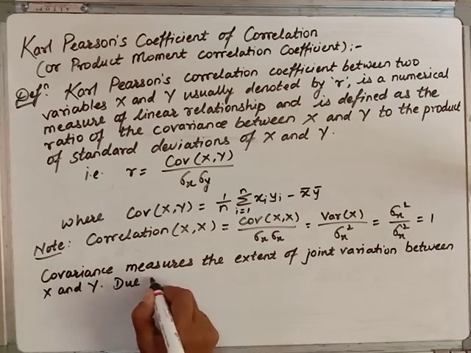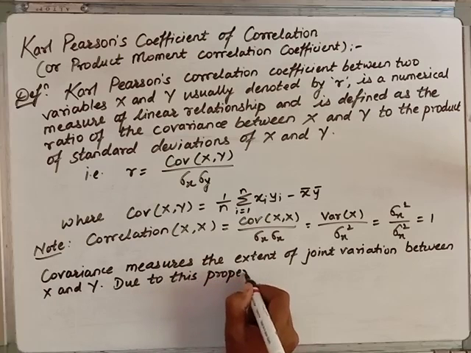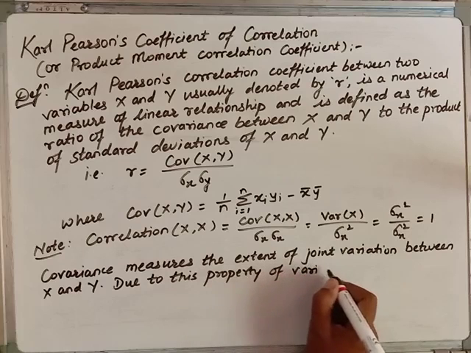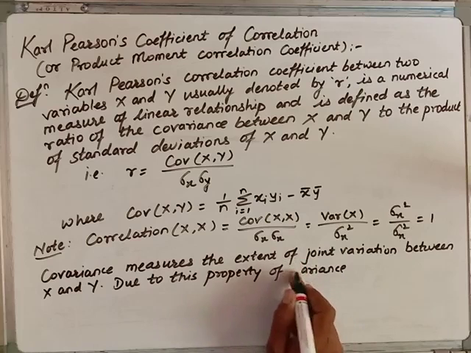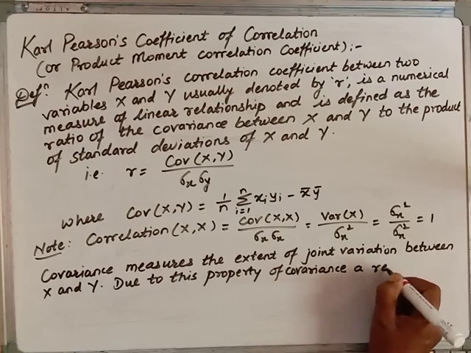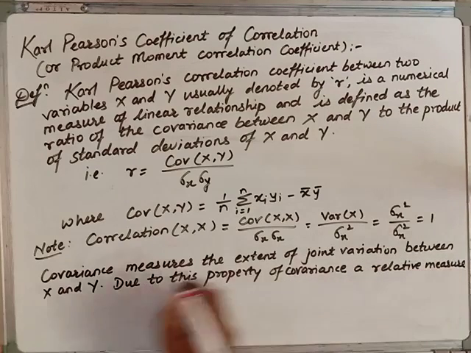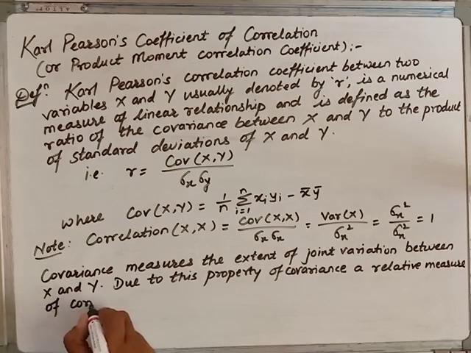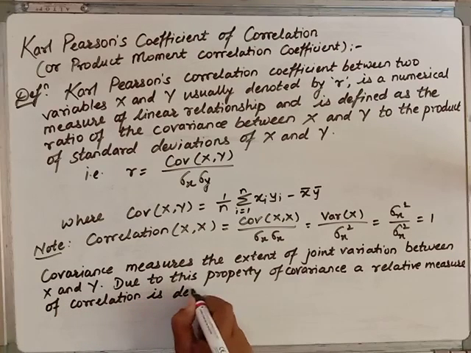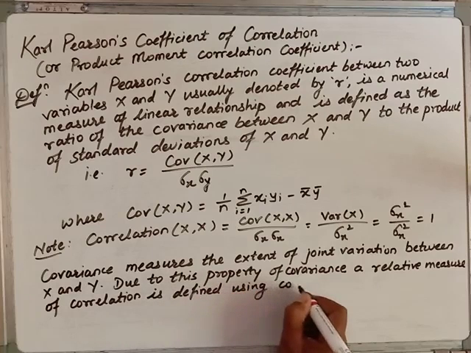Due to this property of covariance, a relative measure of correlation is defined using covariance.